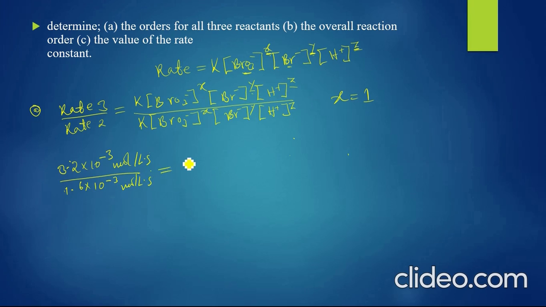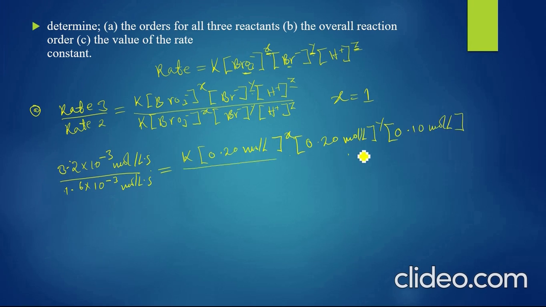Then we have k, and the initial concentration of the bromate ion on experiment 3 is 0.2 mole per liter, to the power x, and the bromide ion is 0.2 mole per liter, to the power y, and for hydrogen ion the concentration is 0.10 mole per liter.